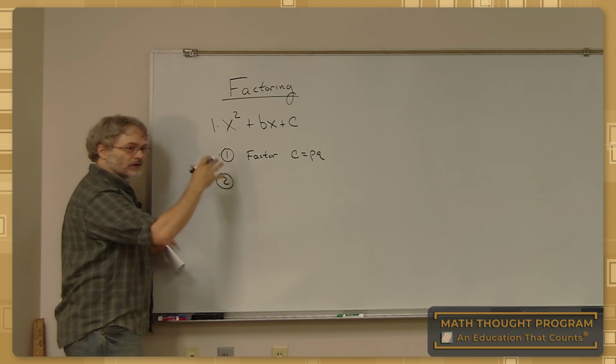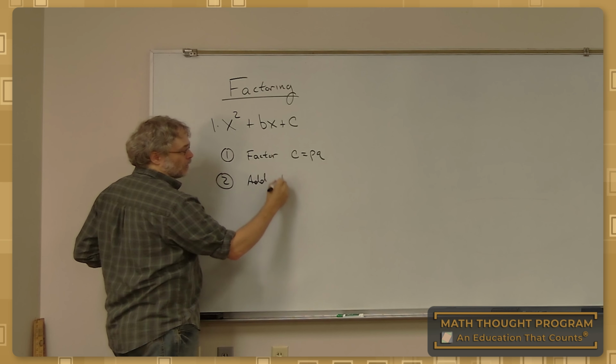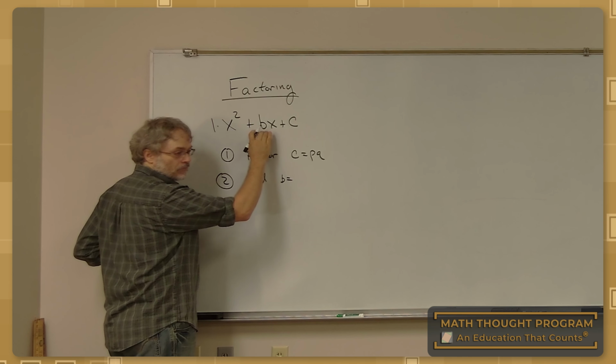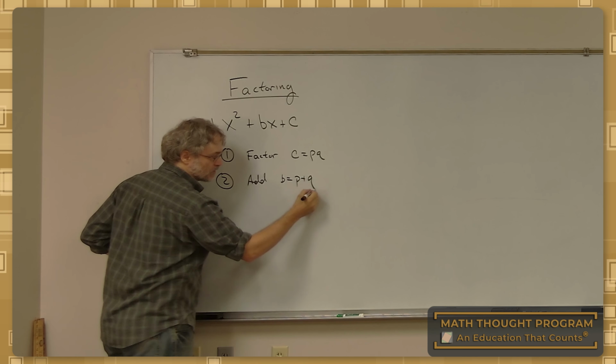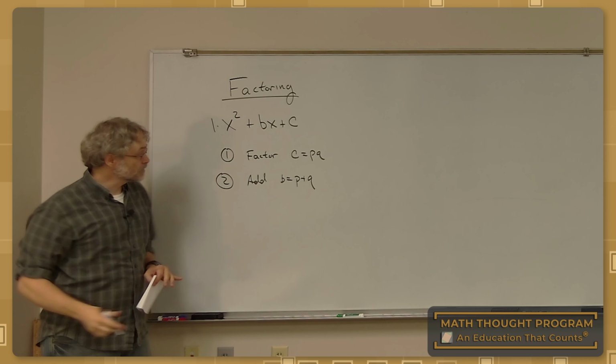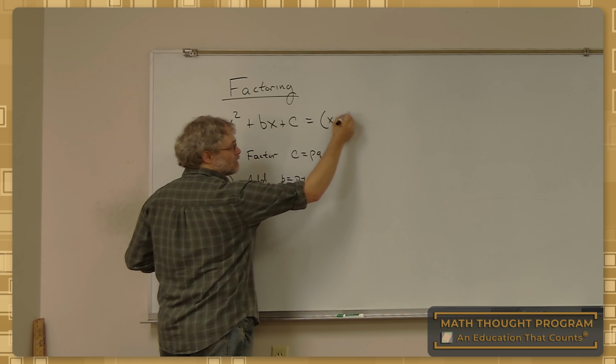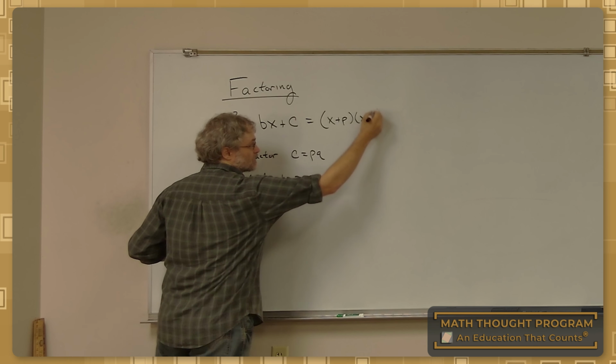Then you look at all the different factors and see what adds up to the value in between, the b, where you have your p plus q. As soon as you identify the p and the q, the factors, this is going to factor as x plus p, x plus q.